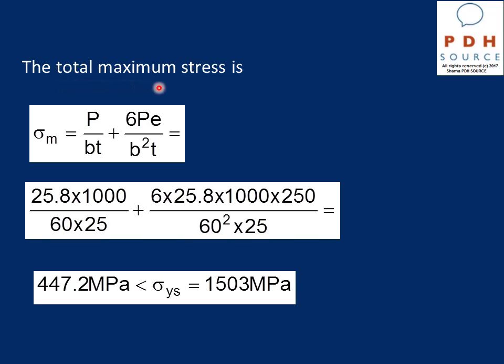The total maximum stress is going to be equal to P divided by b t plus 6 P e over b squared t. This is the tension stress plus the bending stress. If you plug these numbers into the equation, you end up with a total maximum stress of 447.2 megapascal.